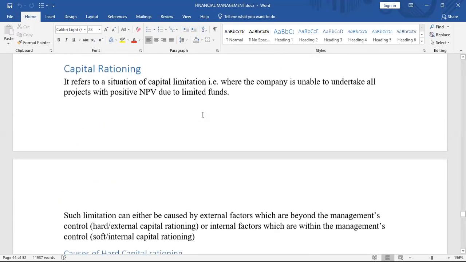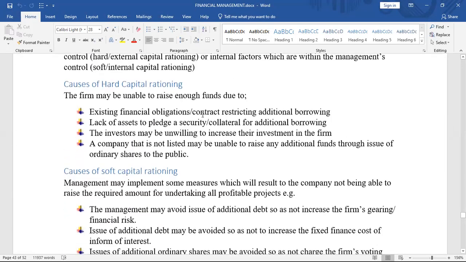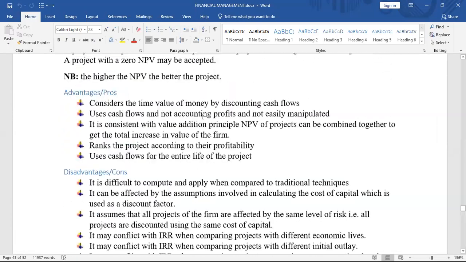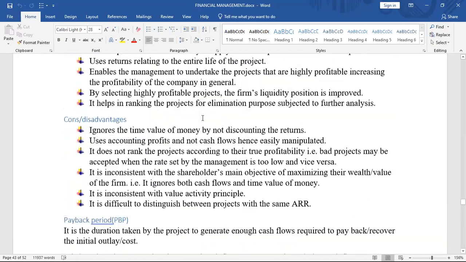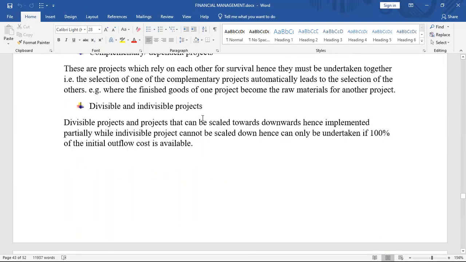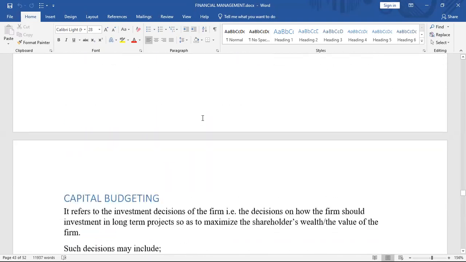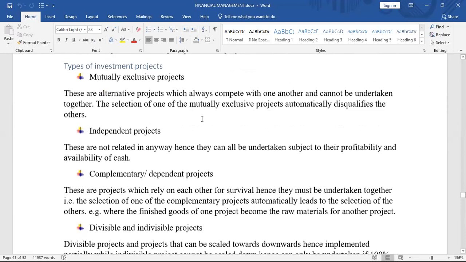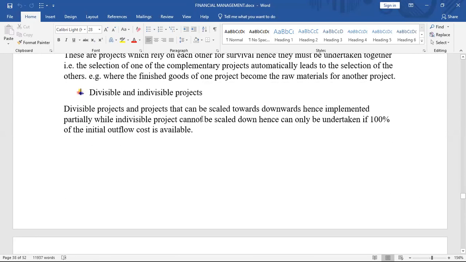Then here is where we are going to understand the concept of the types of capital rationing. What you are going to be using in this question is the matter of divisible and indivisible projects.